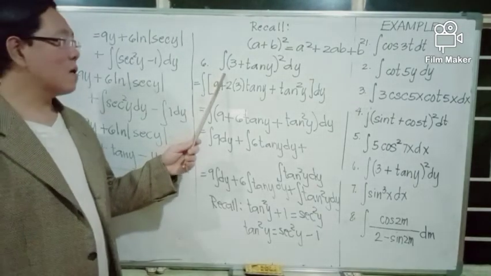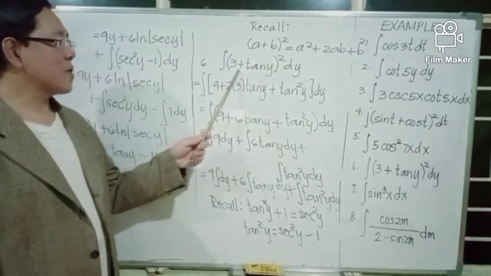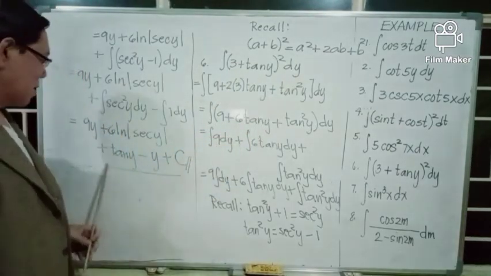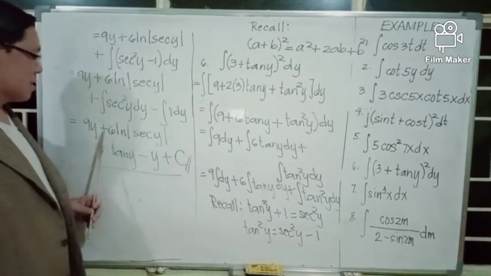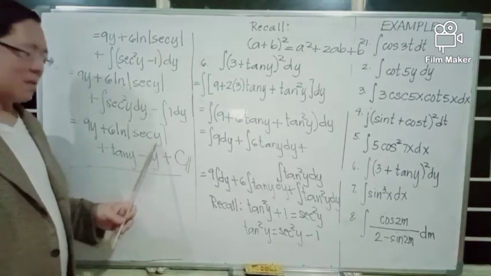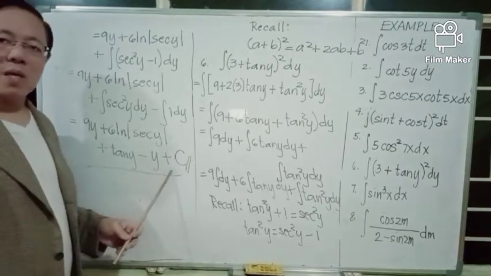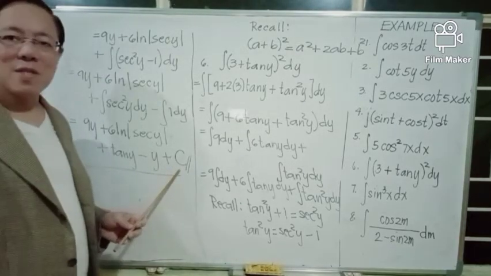Hence, the integral of the square of the sum 3 and tangent y with respect to y equals 9y plus 6 ln secant y plus tangent y minus y plus a constant of integration c.